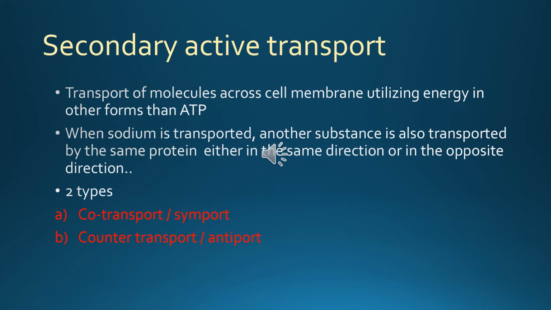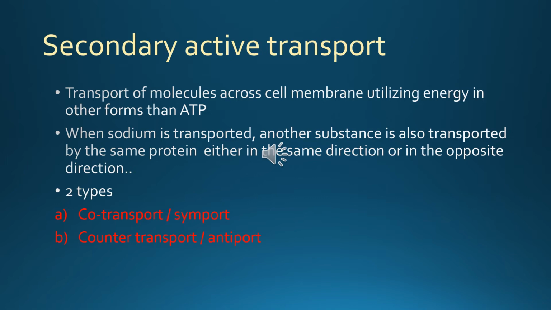We know that by the primary active transport in the sodium potassium pump, the sodium ions are pumped out of the cell and the concentration of sodium ions outside the cell is much higher when compared to the intracellular fluid. So there is an electrochemical gradient with respect to sodium ions. This gradient becomes energy as the excess sodium ions constantly try to diffuse to the interior of the cell.